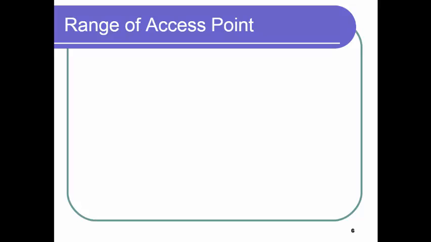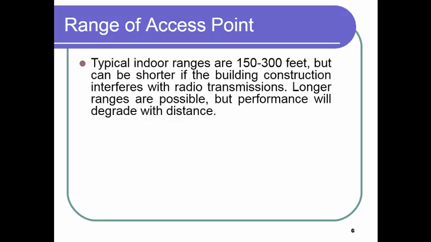Then we will discuss the ranges of the access points. The typical indoor range for the access point is about 150 to 300 feet, but can be shorter depending on building construction. As we discussed earlier, due to obstructions we get a limited access range.